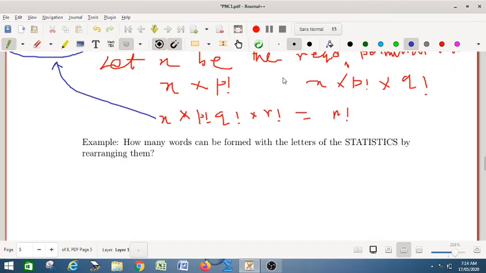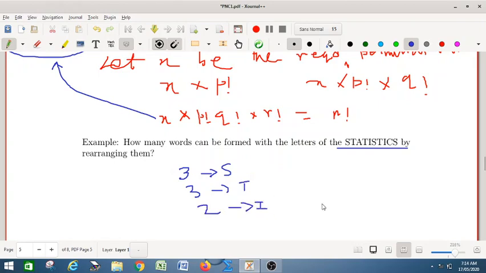So let us have some problem. How many words can be formed with the letters of the word statistics? So by rearranging, look at that, the letters are not all different. You have 3 S's, 3 T's, and 2 I's.